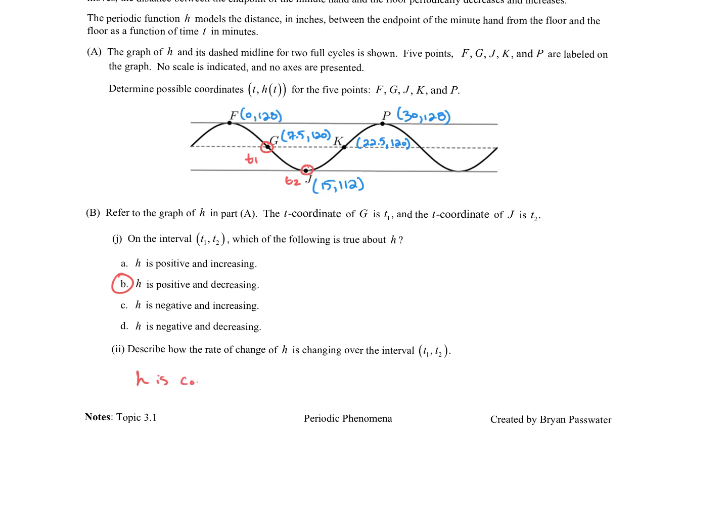So h is concave up. Therefore, h is changing at a rate that is what? Is it increasing or decreasing? Increasing. All right. Another way to say that is the rate of h is increasing. All right. So there we go.